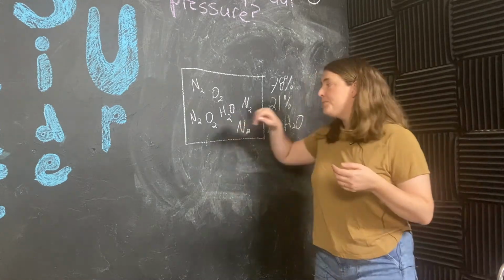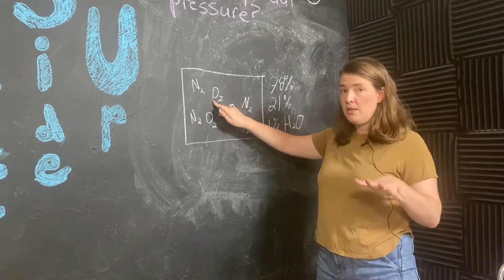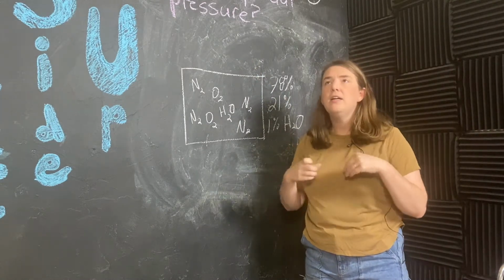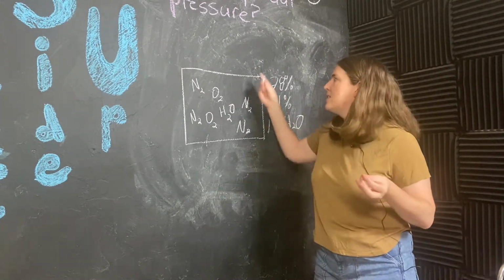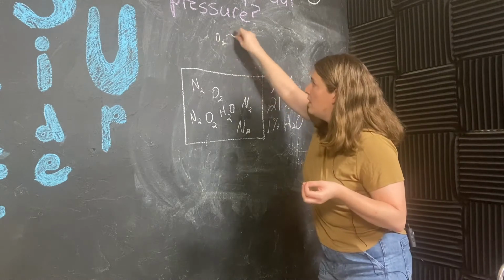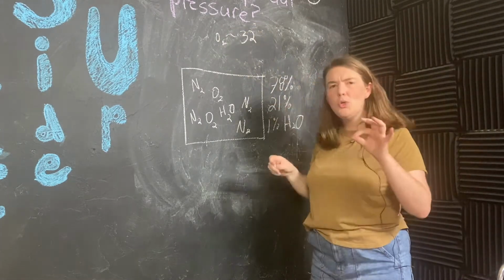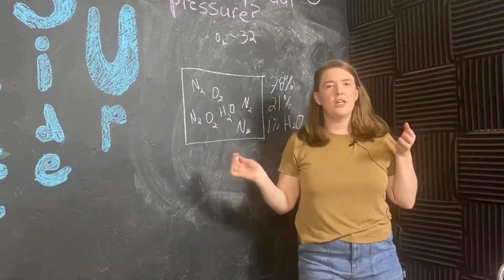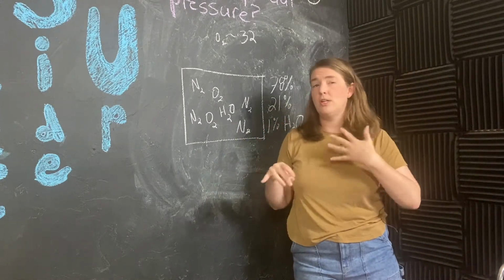In diatomic oxygen, it's two oxygen atoms bound together, and so it's going to have like 32 neutrons and protons. It also has electrons, but electrons weigh very little compared to neutrons and protons.